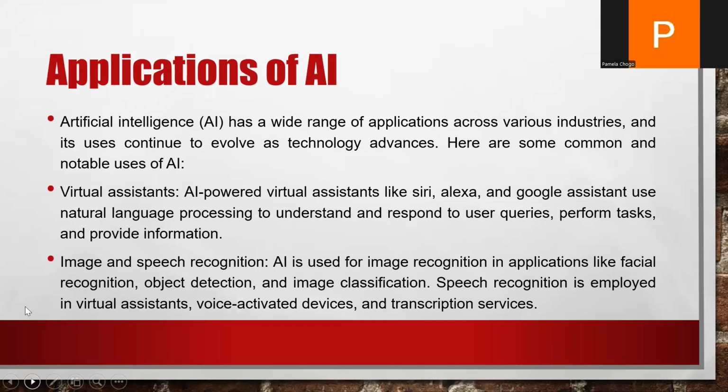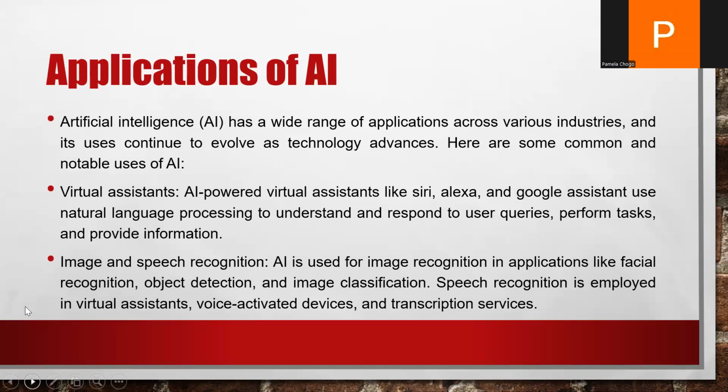So artificial intelligence has a wide range of applications across various industries, and its uses continue to evolve as technology advances. As technology is advancing, also the use of AI is advancing. So here are some common and notable uses of AI. For instance, AI is being used in virtual assistance.